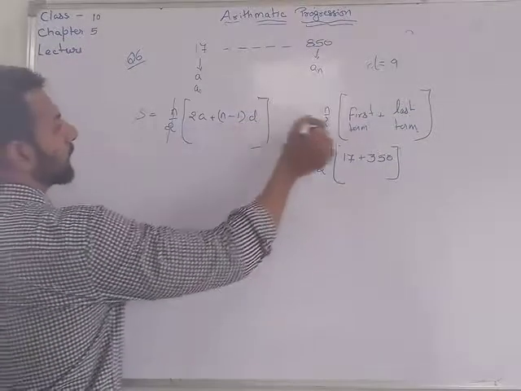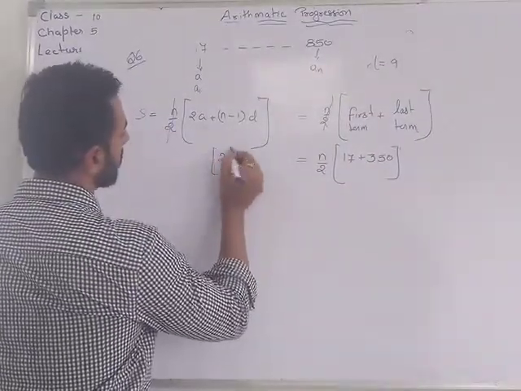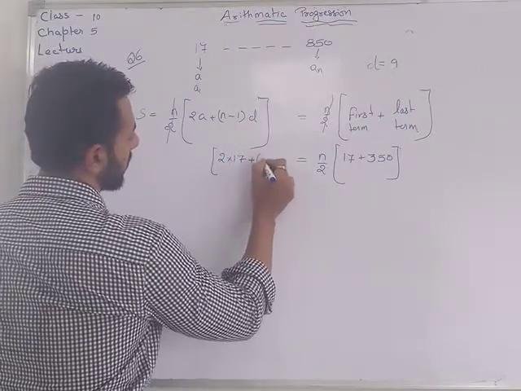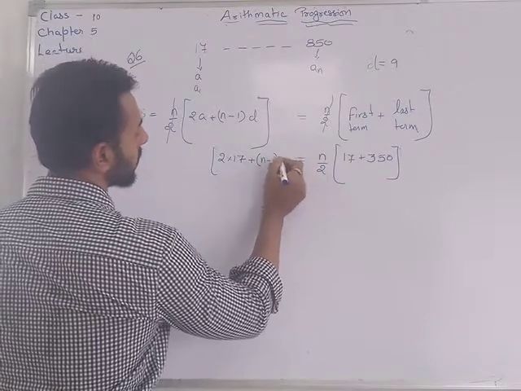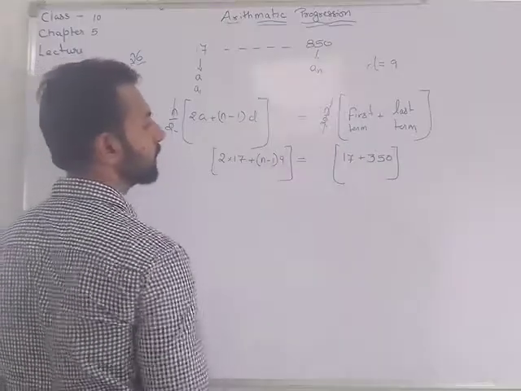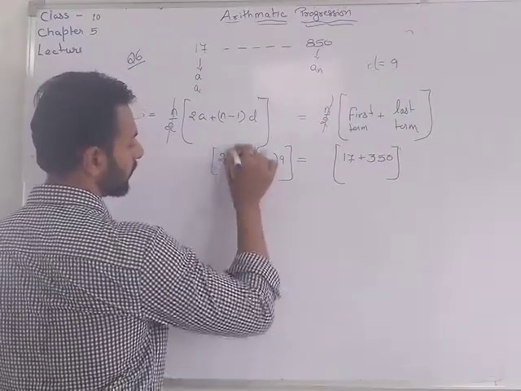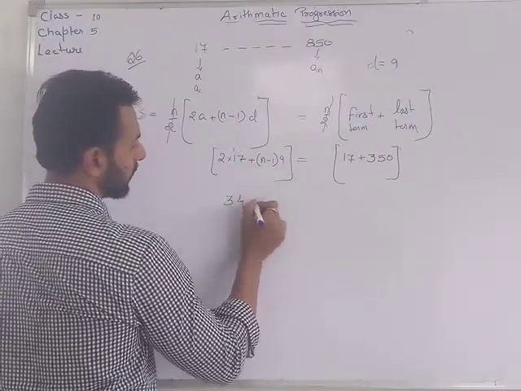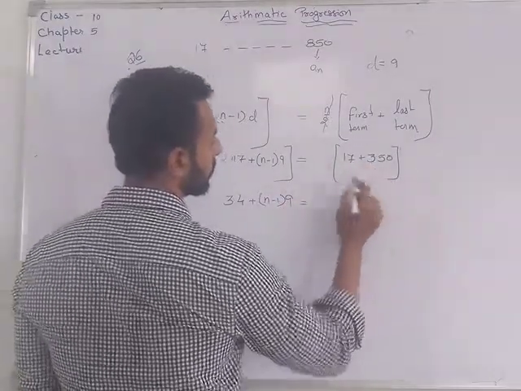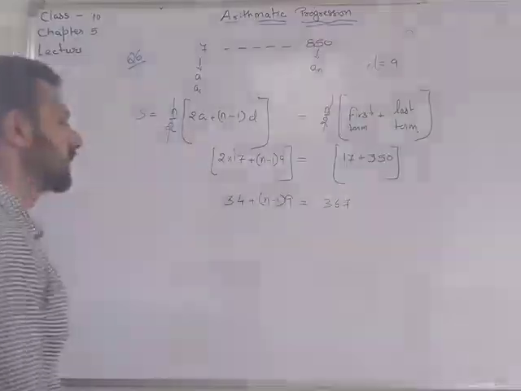This n by 2 will get cancelled out with this n by 2. The remaining term will be twice of A, A is 17, plus n minus 1 into D, D is 9. So we will not have this n by 2. 2 sevens are 14, 2 ones are 2, so 34 plus n minus 1 into 9 is equal to 367.